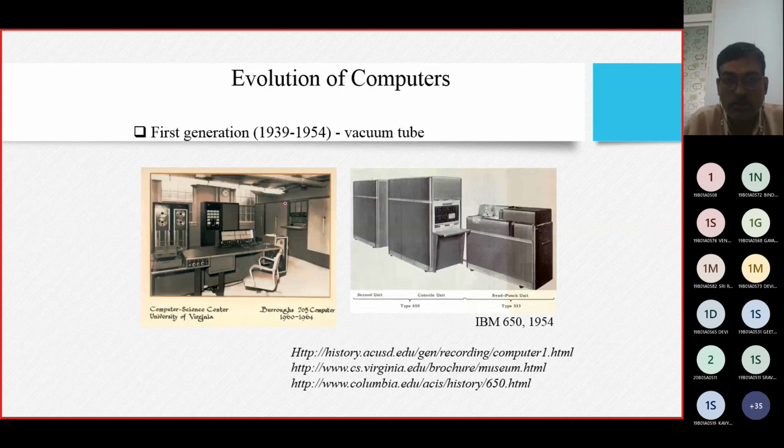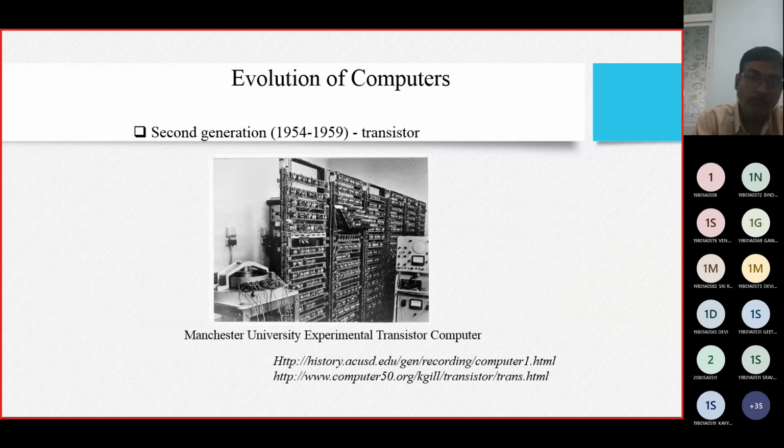This is the first generation computer, that is up to the 1950s, etc. At that time, the computer systems were like mainframes that occupied the entire room. This is the setup of one single computer, and it is made up of vacuum tubes. This was the machine developed by the IBM people.